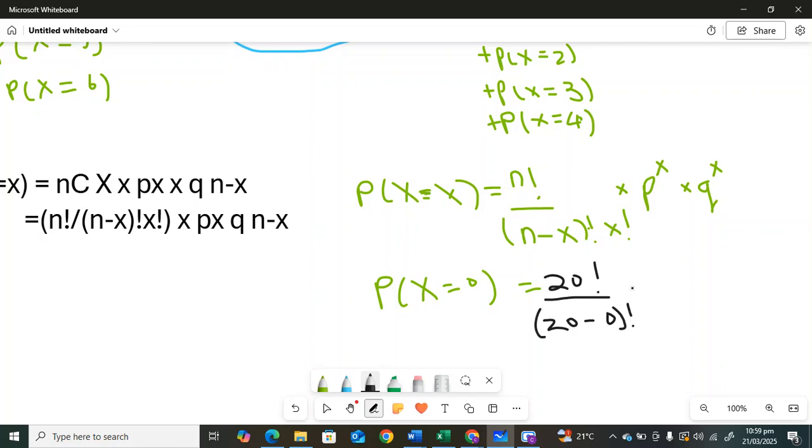Remember, where there's x, you're just replacing 0. 0 factorial multiplied by p 0.6 to the power x, which is 0, multiplied by q, which is 0.4. You can already see people saying, this question, I'm not doing it in the exam. This question, I'm leaving it. Oh, it's q to the power n minus x, sorry.